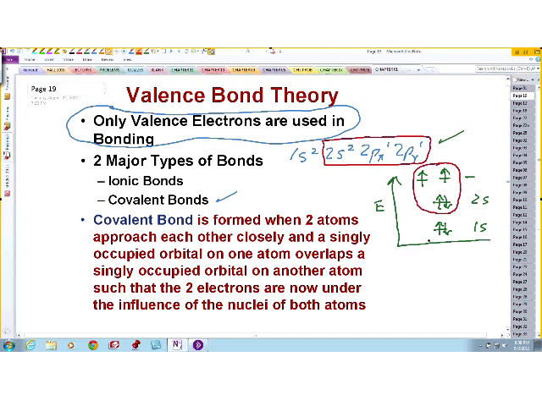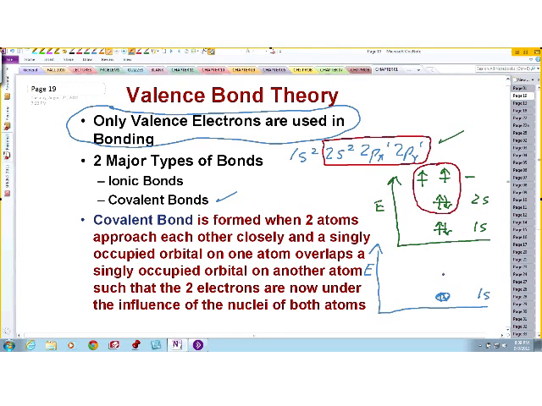Now, supposing we want to write this same electronic configuration using the atomic orbitals. This is energy right here. We told you that the s orbitals are spherical, in other words, circular right here, with 2 electrons. 1s.